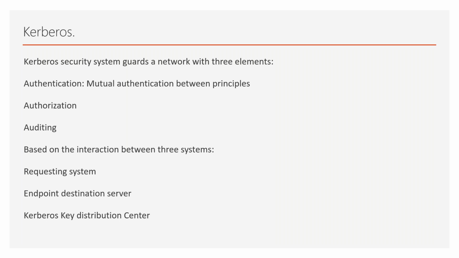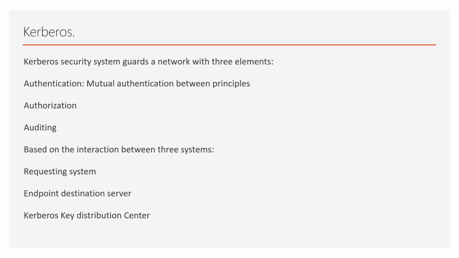When we talk about Kerberos, there are three components involved. One is the requesting system or requesting user who wants to access the service. Then you have a destination server which you want to access, and then you have a Kerberos Key Distribution Center which authenticates your request and provides the access.